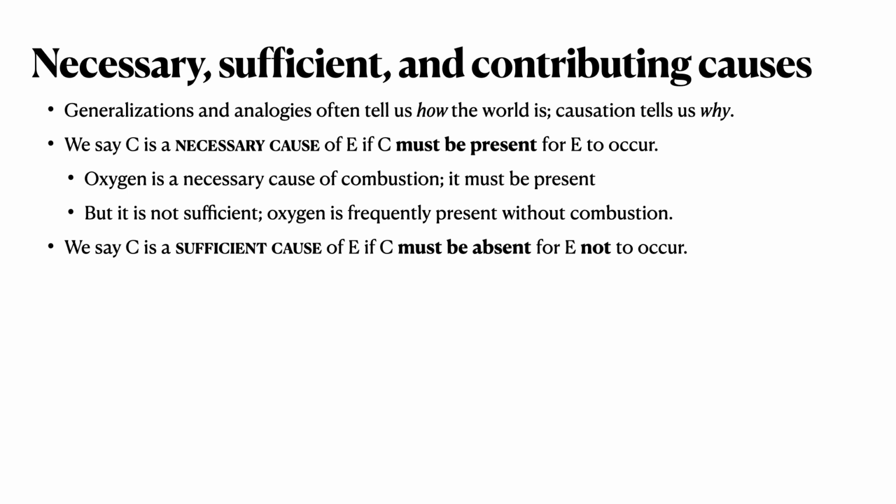This may remind you of what we talked about, the difference between a property and an accident in the 5 predicables. What's the difference? A property follows necessarily or exclusively from something that is essential. That's the same type of thing going on here with necessary and sufficient causation.